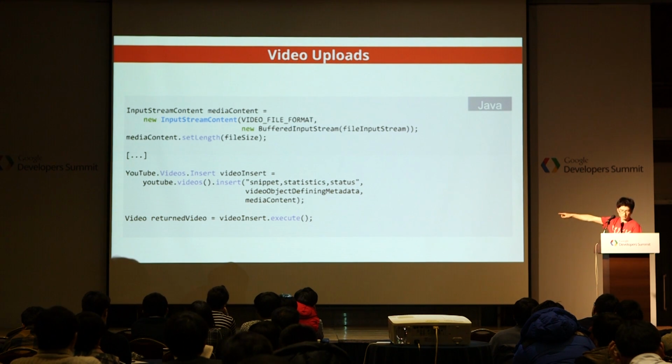And just execute the API. That's it. The name of the method is videos.insert, which is the same as the actual RESTful API's name. So you can intuitively use the YouTube API client library in Java if you know the URL of the YouTube API.